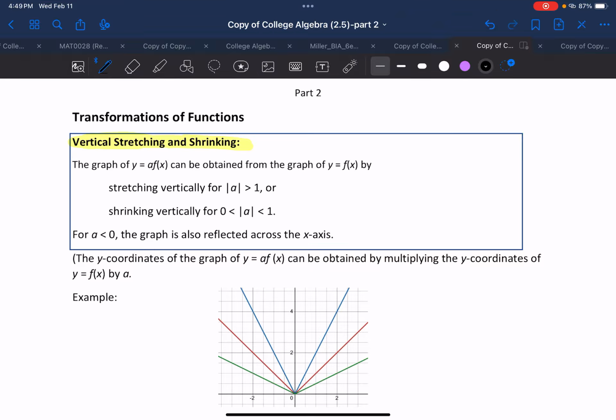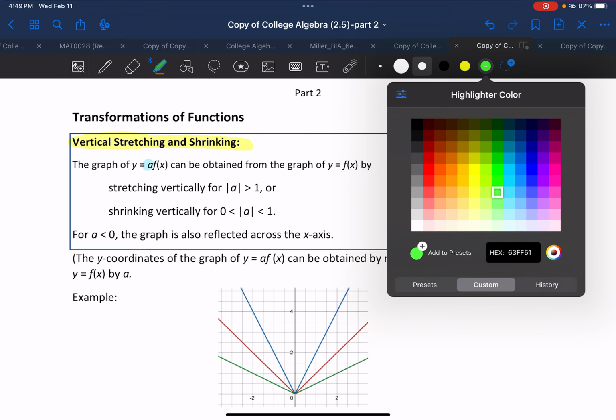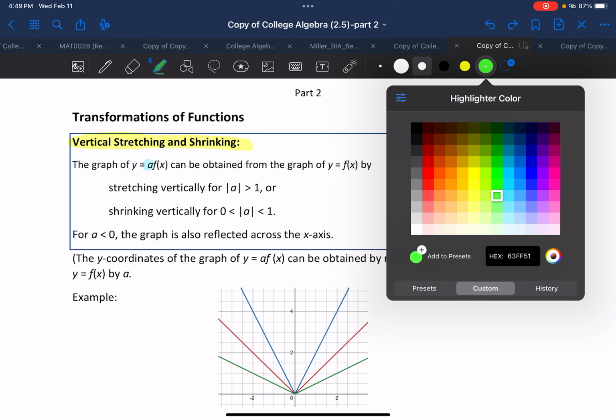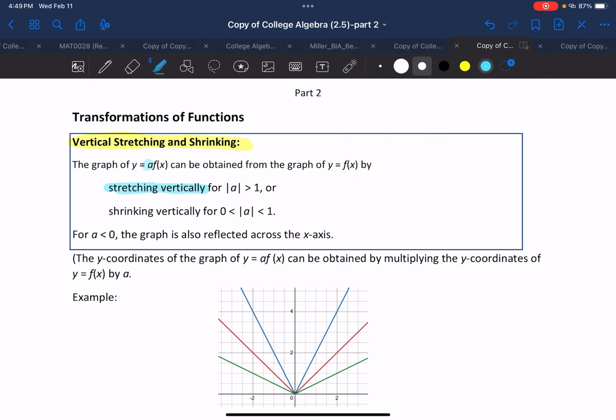So the first one says that the graph of y equals a times f of x. So when we multiply one of our base graphs by a constant a on the outside of the base graph, then what that does is it stretches my graph vertically whenever the absolute value of that constant is greater than 1.